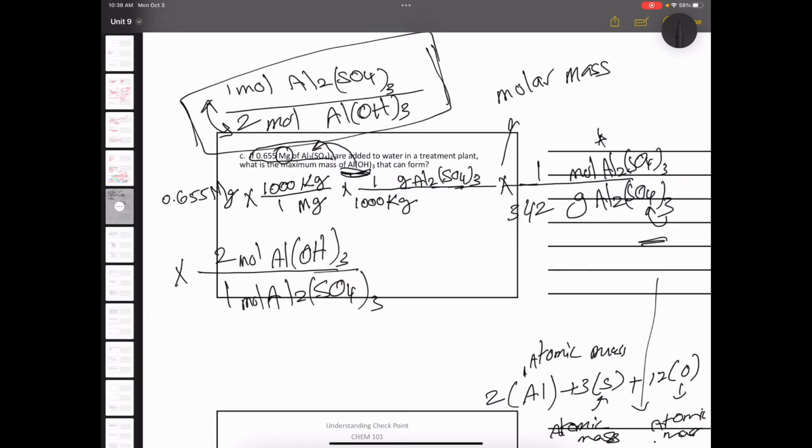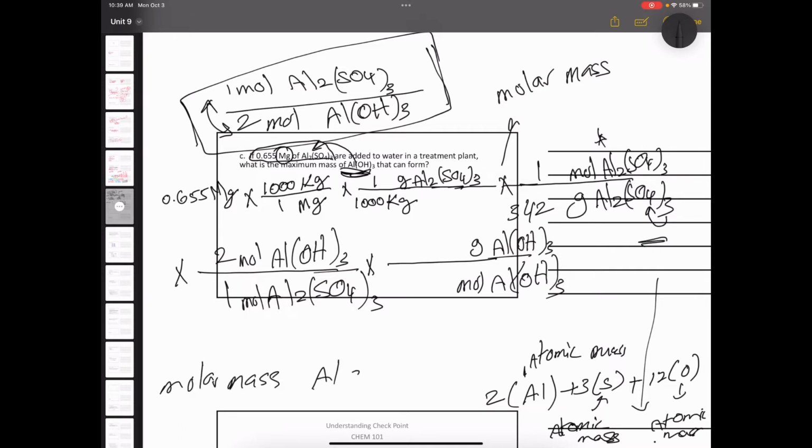So now I have moles of AlOH3, aluminum hydroxide. I still need to convert that into grams, correct? So how do I convert that into grams? Moles of AlOH3. Okay, so then I'll have to calculate the molar mass for AlOH3.